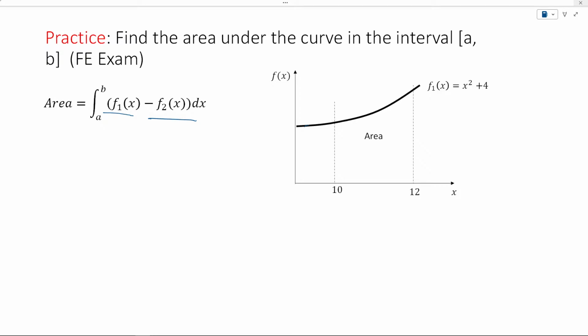And where is our second curve? We don't have a second curve, so our second curve is here. It's just like f2 of x is equal to 0. So for any x value, y is equal to 0, which gives us the area under this curve, from here to here.